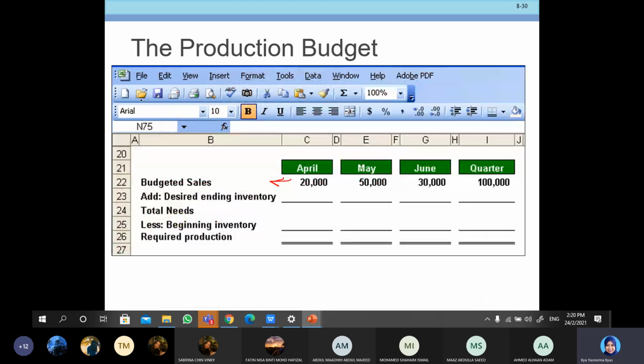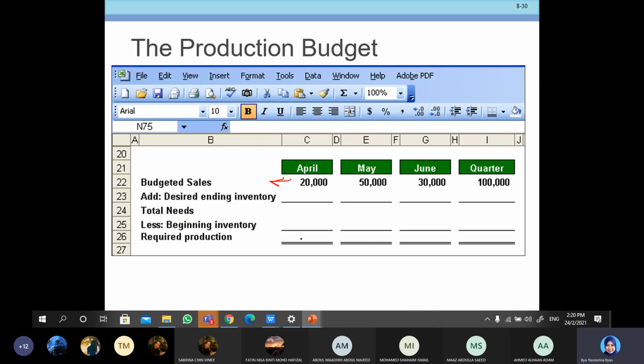How do we do this production budget? First we put budgeted sales. How do we get the budgeted sales? From the sales budget. Always remember, that's why the sales budget is very important, because we will bring this number into the production budget. The number that you calculate in the production budget is based on your sales budget.